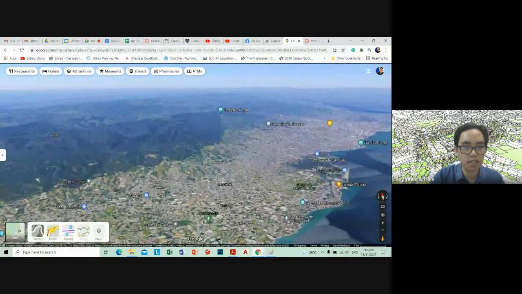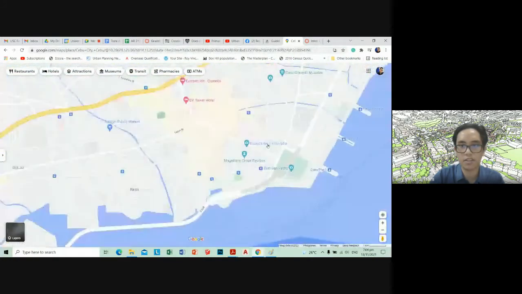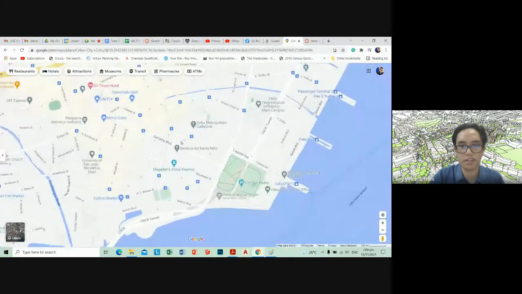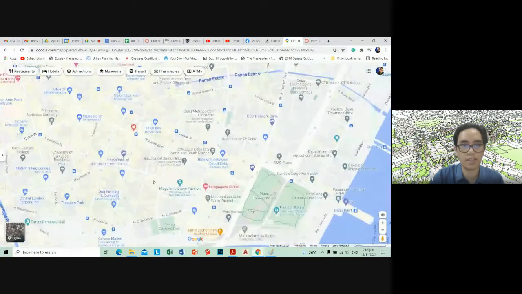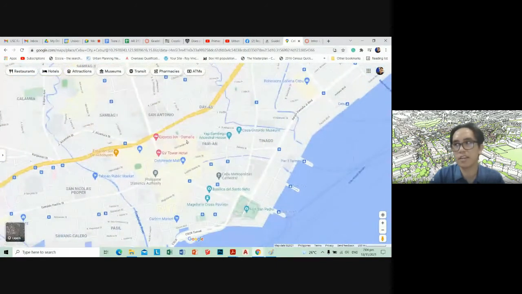The original concentric model started out over here with the fort and the Spanish colony, spread out to become a sectoral model with the train station.